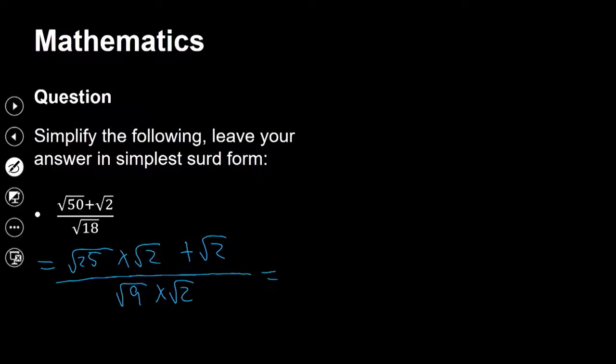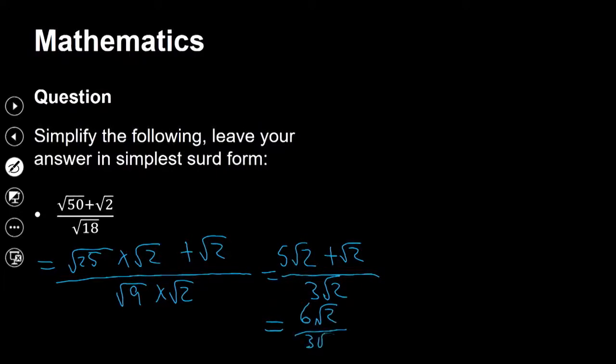And this will be equal to, remember, square root of 25 is going to be 5 root 2 plus the square root of 2 divided by the square root of 9 is 3, then square root of 2. And if I want to simplify this, it's going to be 6 square root of 2 over 3 square root of 2, which will then be equal to the 6 and the 3 will divide and give me 2, and then the square root of 2 and the square root of 2 will divide and give me 1, and my answer will just be 2.